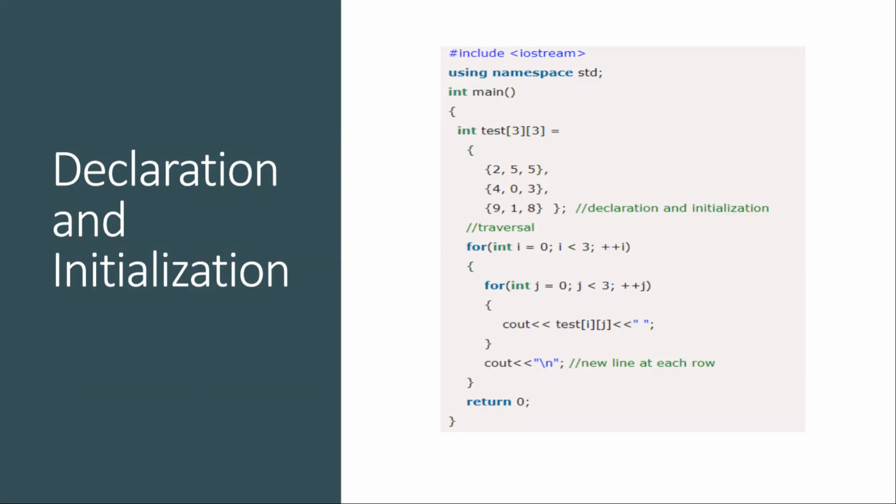That is why row-wise values have been initialized. So for the first row it will be 255, for the second 403, and 918. So 9 values have been declared as well as initialized, right? Now 2 for loops have been used to display these values.